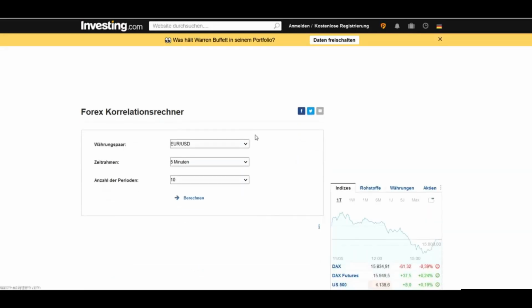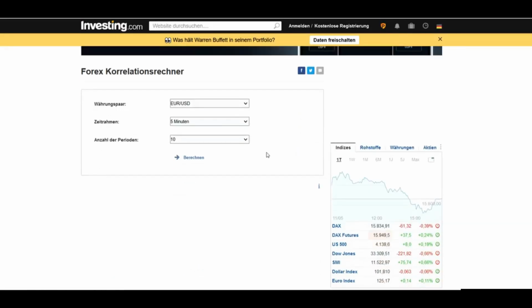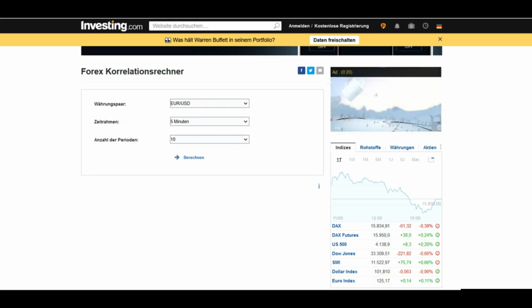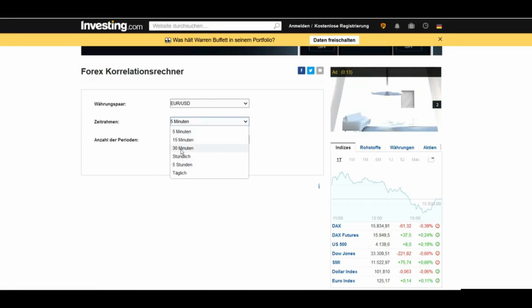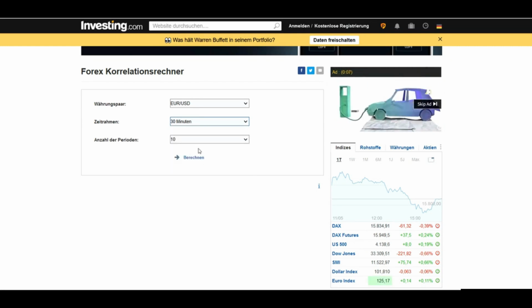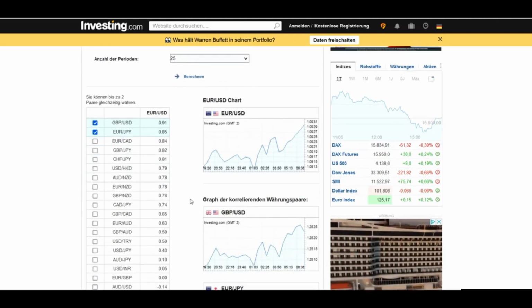I use this when I often don't know which currency pair truly correlates how strongly. We already have the Euro-US dollar open here, so let's take that. We are usually in 30 minutes. You can also set other time frames here. I'm going to take 30 minutes, go to the number of periods field, set it to 25, and click calculate. And you can see quite clearly.